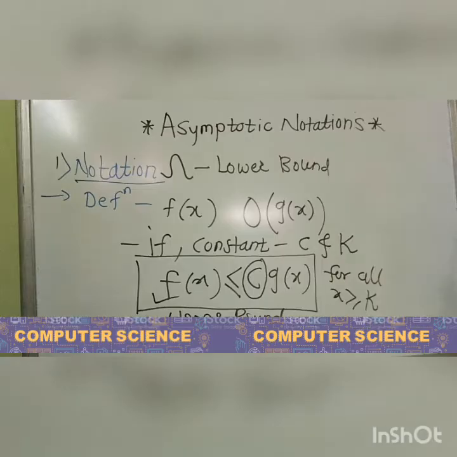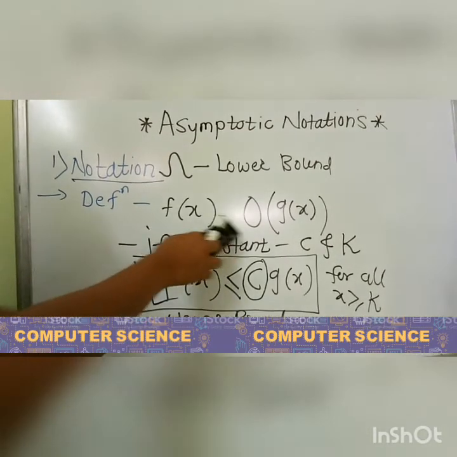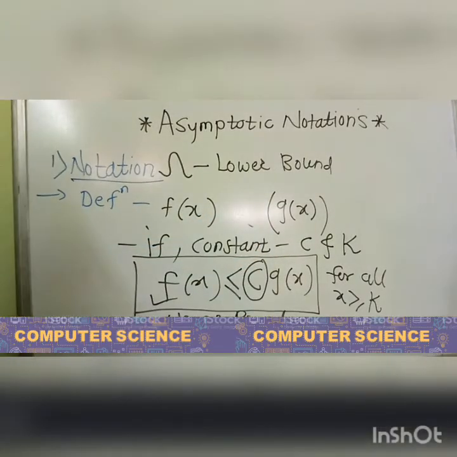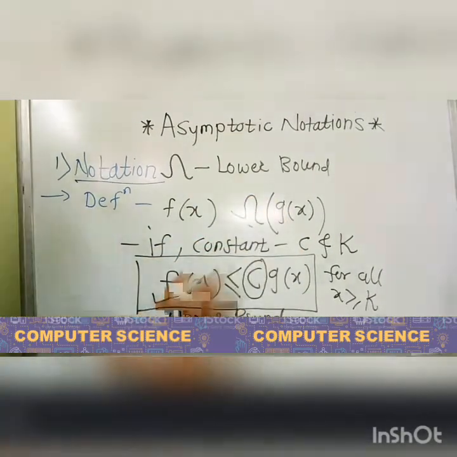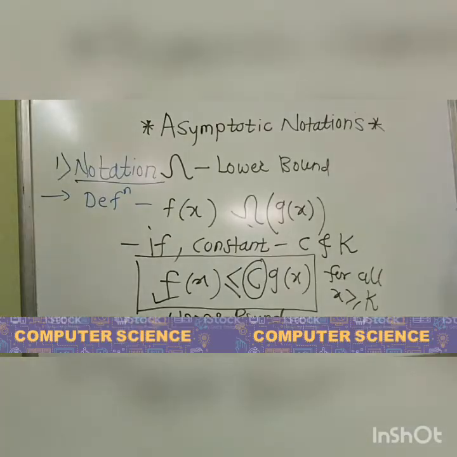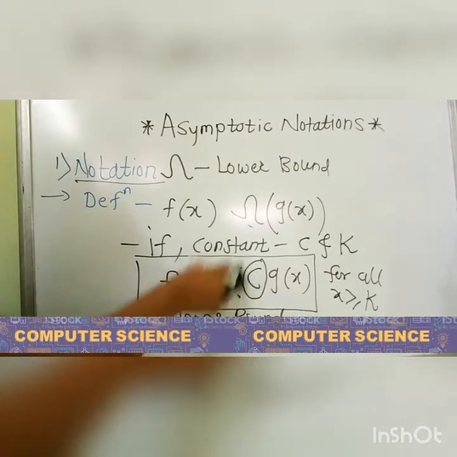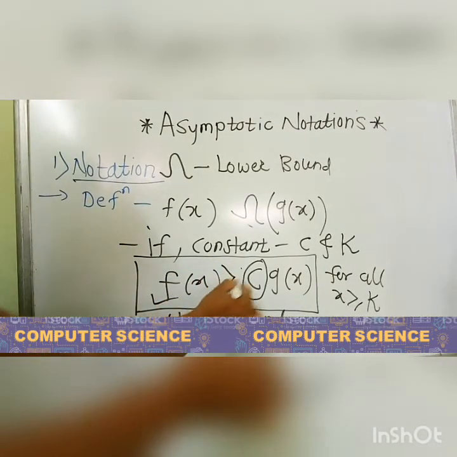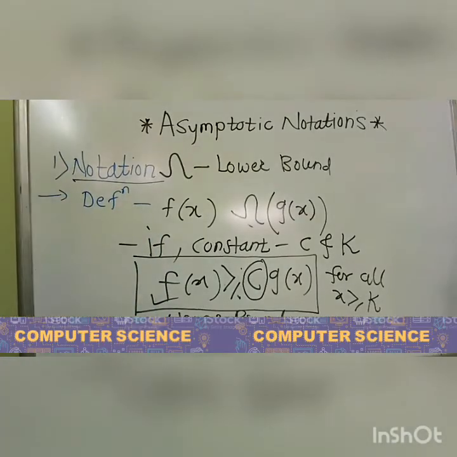Again, this function f of x is said to be omega of g of x if there exist two positive integer or real number constants c and k such that, in this case, the condition is reversed: f of x is greater than or equal to c of g of x, where x is greater than or equal to k.